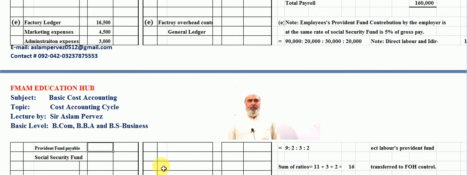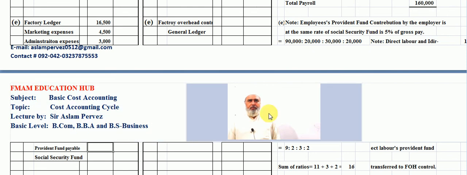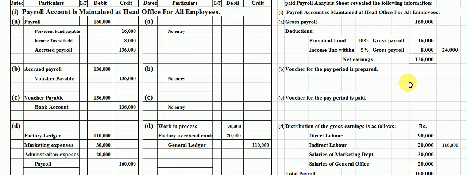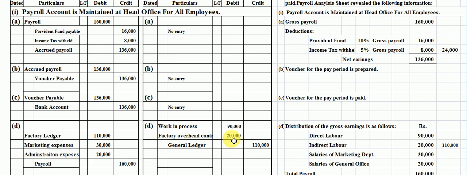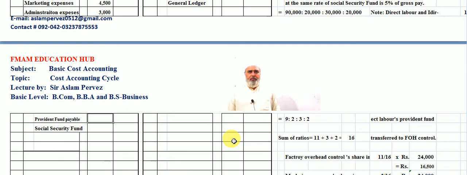Students, against it, the provident fund and social security fund, like 16,000 rupees as provident fund and 8,000 rupees as social security fund here.